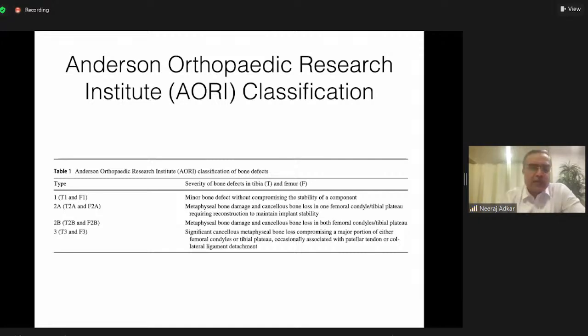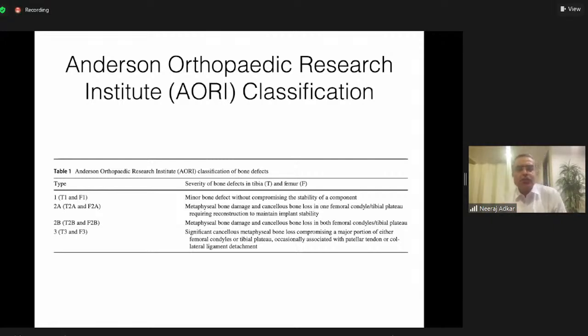So as you can see in this, type 1 is a minor defect, which is not compromising the stability of the component. Type 2A is a metaphyseal bone damage affecting one of the condyles, either femur or tibia, and type 2B affects both the condyles.